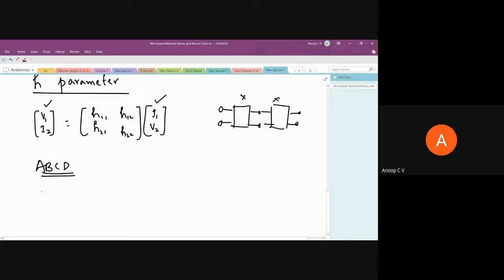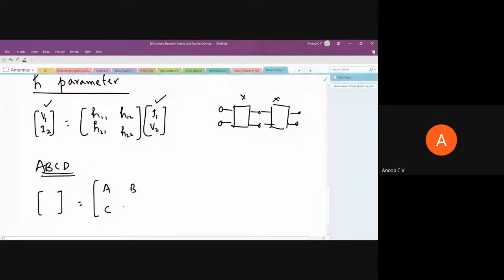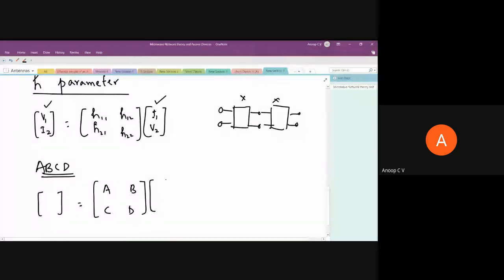I had asked a question in the prerequisite quiz about ABCD parameters, Z parameters. It was for this particular module. In fact, I wanted to take this module right after the transmission line topic, but I thought we'll move on to antennas first. Then we finished the antennas part, and now we are moving on to this module 2.